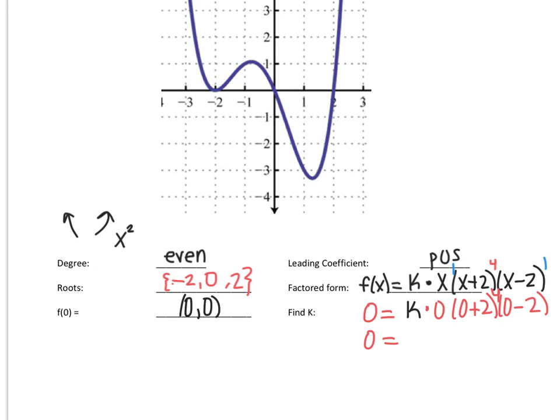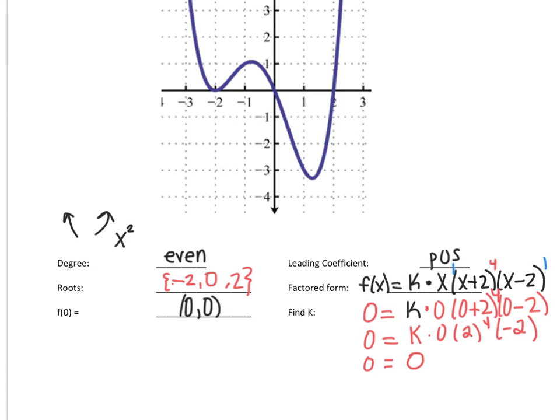So 0 equals k times 0 times 2 to the 4th times -2. Now, it doesn't even matter what all this stuff multiplies to, because when I'm doing k times 0 times this, 0 times anything just cancels each other out. So all we're doing is actually proving this equation is 0 equals 0.